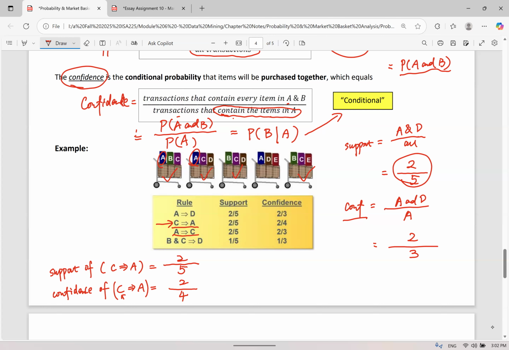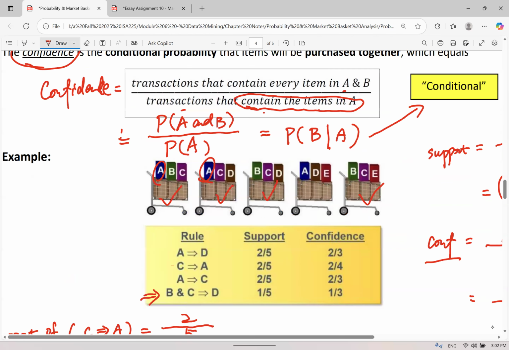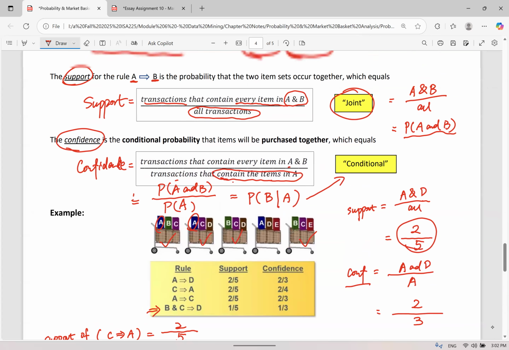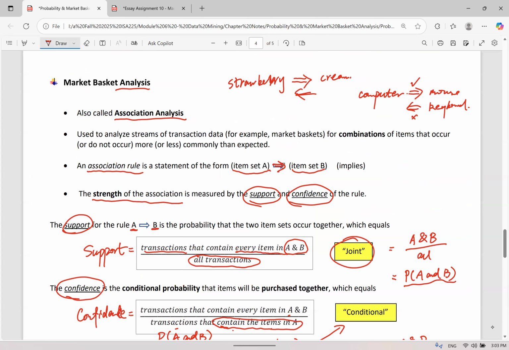All right, so now let's think about the last association. What about this one? It looks like one side contains not only one item, right? It looks like B and C implies D. Then let's come back to our definition of the association rule.